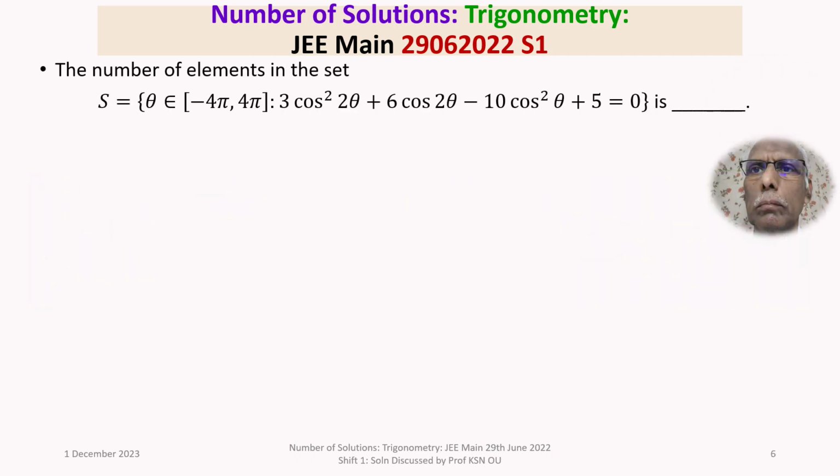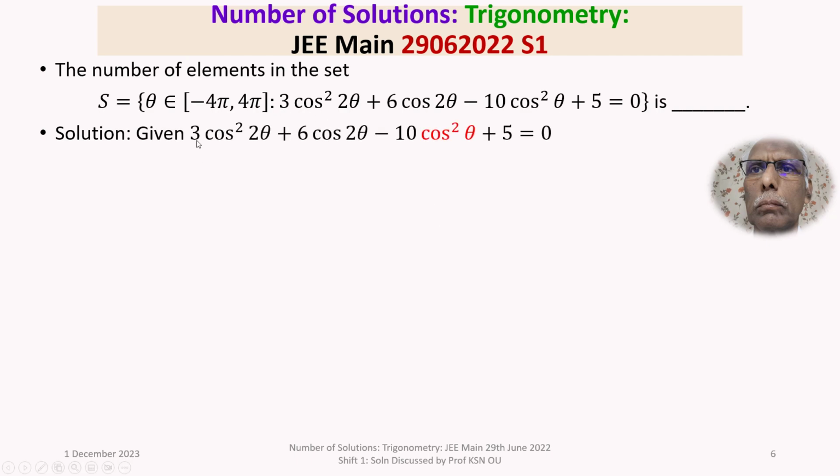We now discuss the solution of the problem in detail. We are given the trigonometric equation 3 cos square 2 theta plus 6 cos 2 theta minus 10 cos square theta plus 5 is equal to 0. We write 1 plus cos 2 theta for 2 cos square theta in this equation.